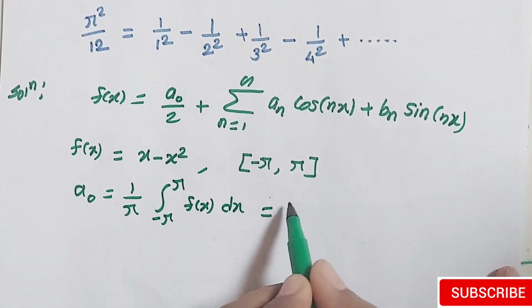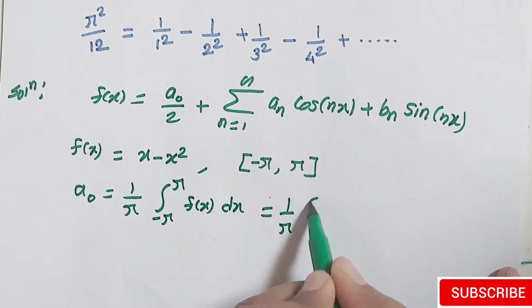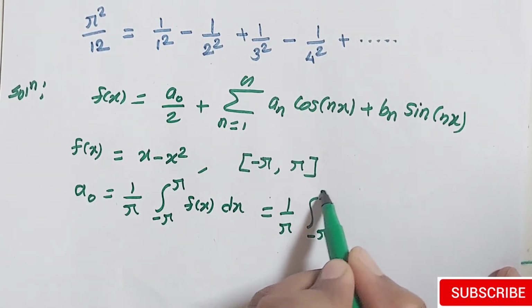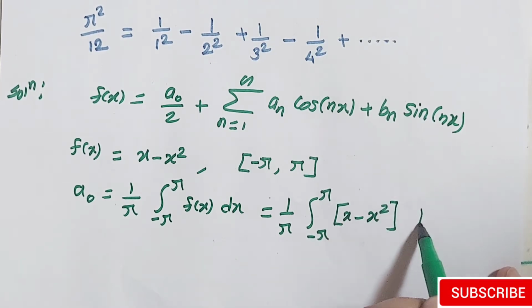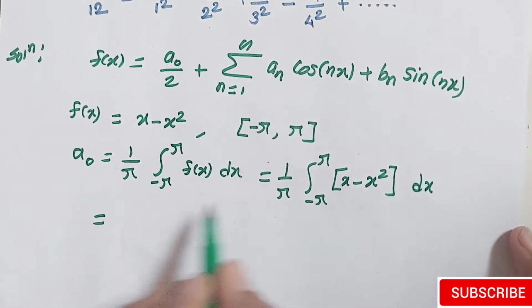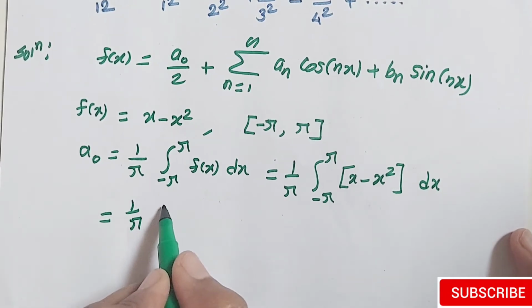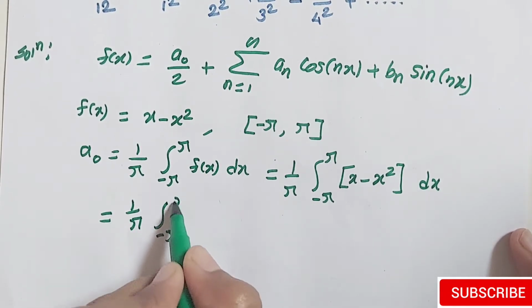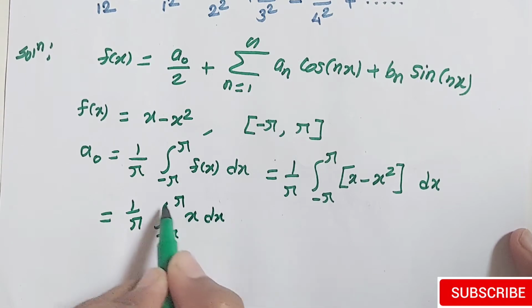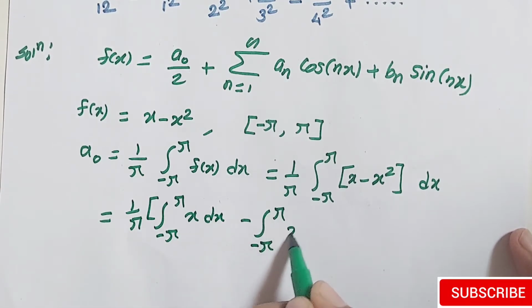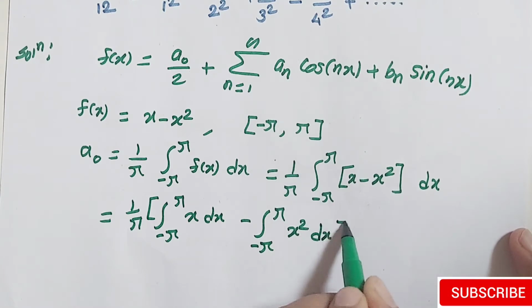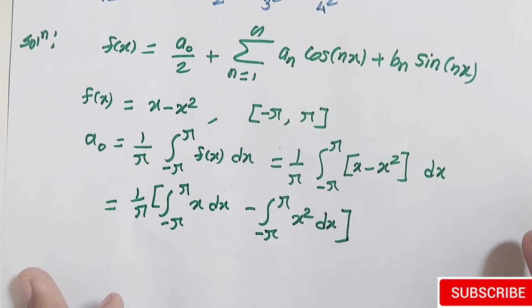So if we put the value of the function, then in the interval minus pi to pi, the function is x minus x square dx. Separate this term, so it is 1 upon pi integral minus pi to pi x dx minus integral minus pi to pi x square dx. And we know the concept of even and odd functions.